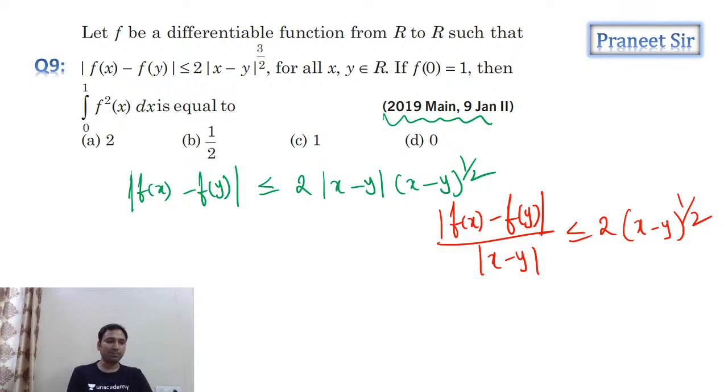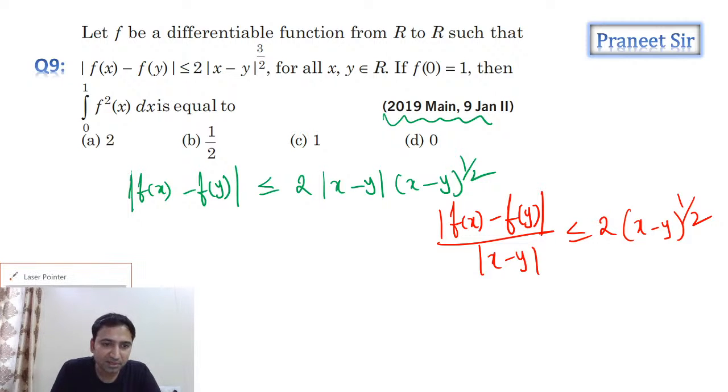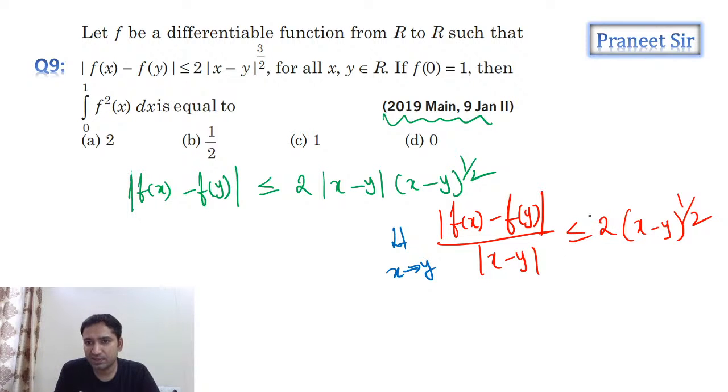So what we can do is apply limits on both sides. Limit x tending to y, or y tending to x, anything is fine.